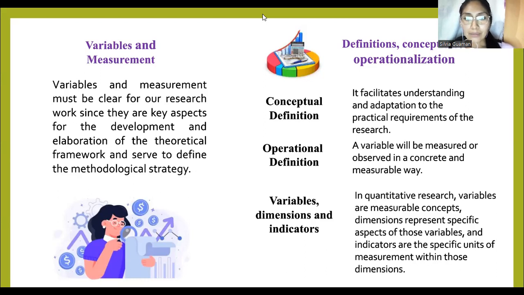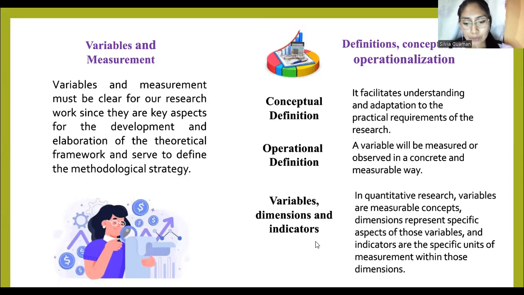And variables, dimensions, and indicators. In quantitative research, variables are measurable concepts. Dimensions represent specific aspects of those variables, and indicators are the specific units of measurement within those dimensions.